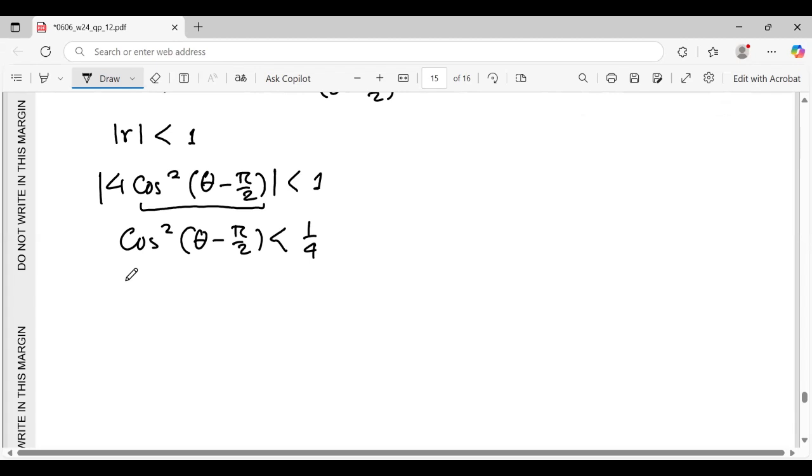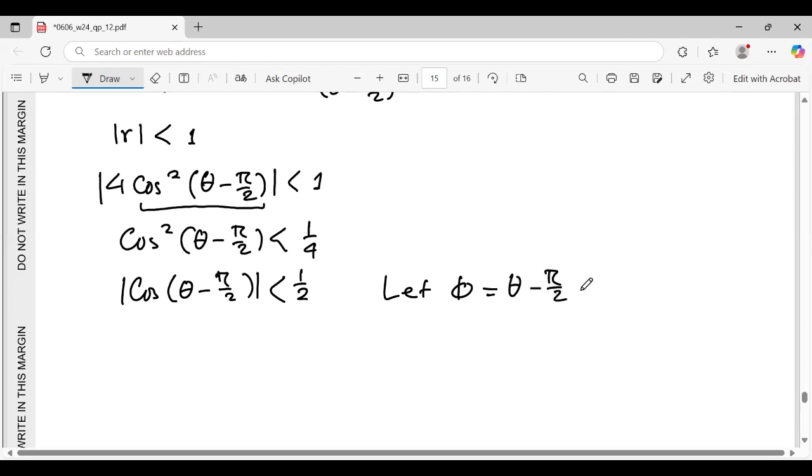So cosine of theta minus pi half, because it's squared, becomes modulus square root of 1/4 equals 1/2. Now let phi equal theta minus pi half.